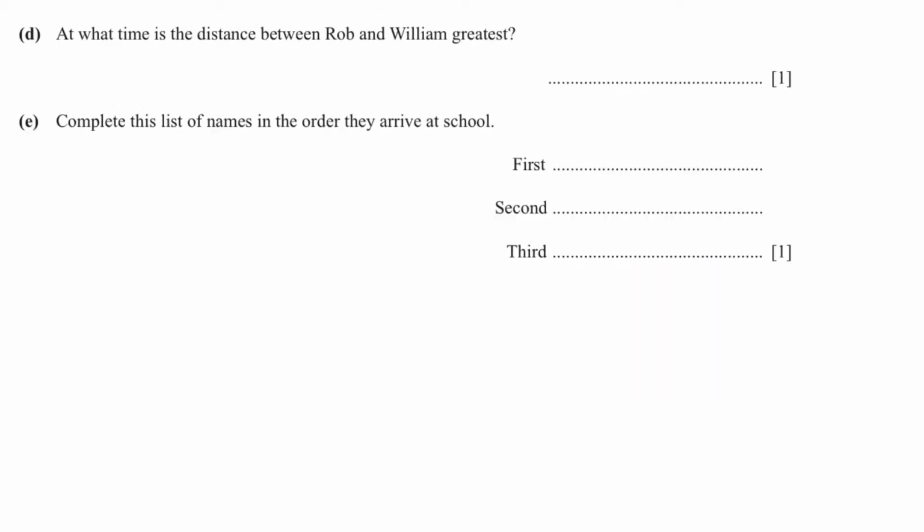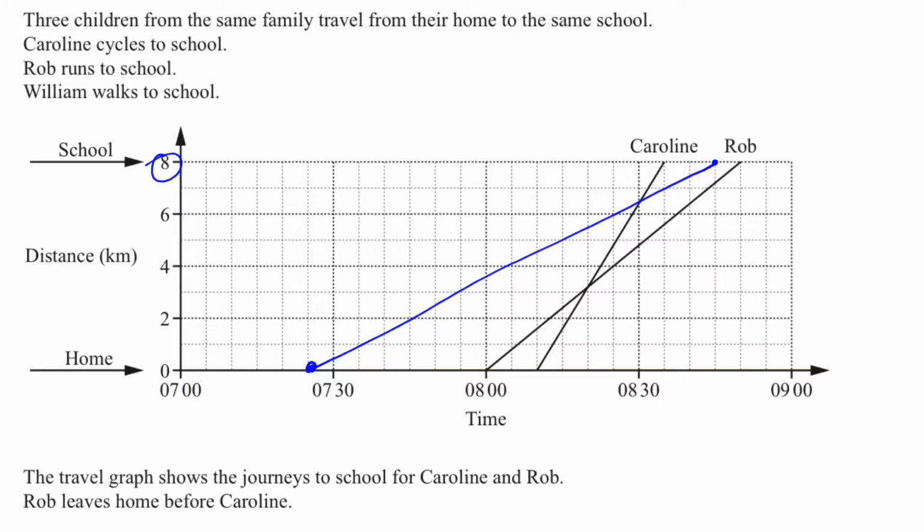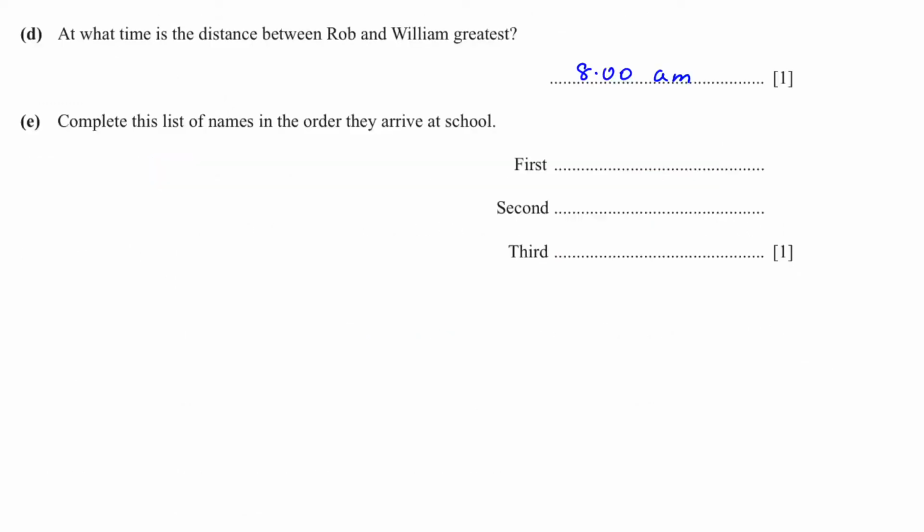So that's your answer, at 8 a.m. Next part of the question E. Complete this list of names in the order they arrive at school, first, second, and third. So we can see that Caroline arrives first, then William, and then Rob. Caroline is the first one to arrive, William, and Rob.